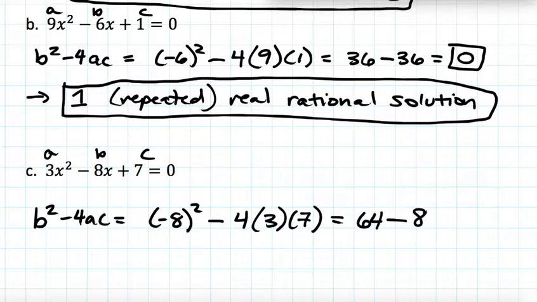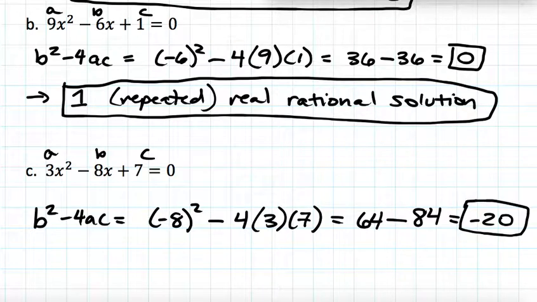Yep. 64 minus 84 is negative 20. So if it's negative, it doesn't matter if it's a perfect square or not a perfect square. If it's negative, you have two imaginary solutions.